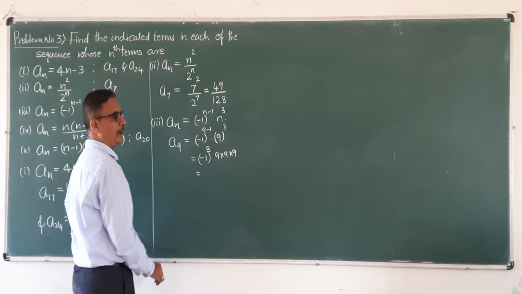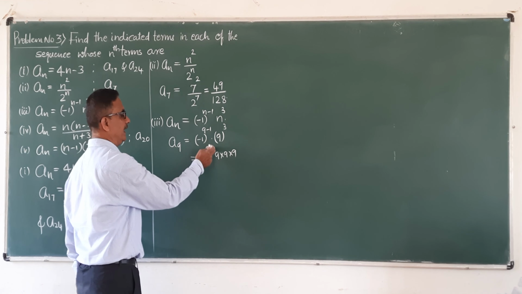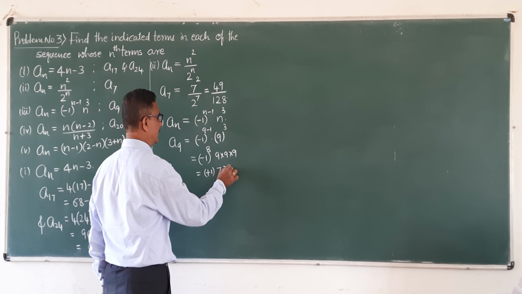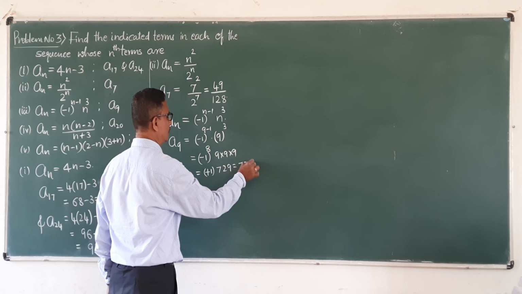Minus 1 power 8: an even index, so a negative number to an even power is plus. 9 into 9 is 81, 81 into 9: 9 ones are 9, 9 eights are 72, that is 729.